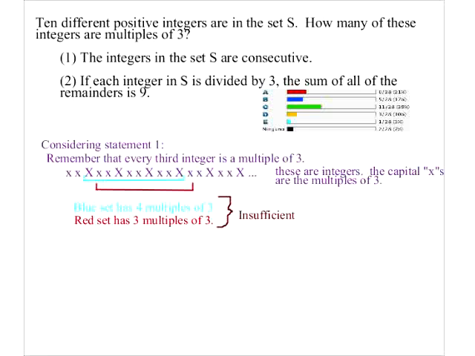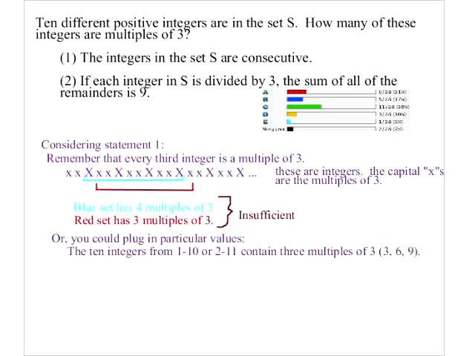So there you go. You could also just plug in values if you don't like that sort of theory approach. You could plug in particular values. If you do the 10 integers from 1 to 10 or 2 to 11, they contain 3 multiples of 3, which are 3, 6, and 9.